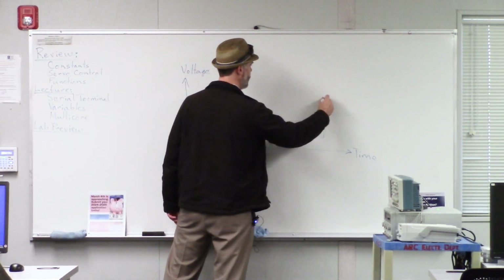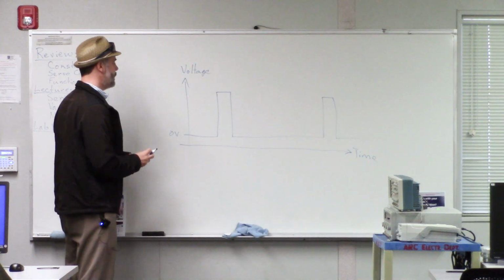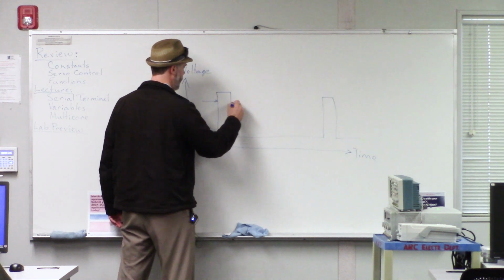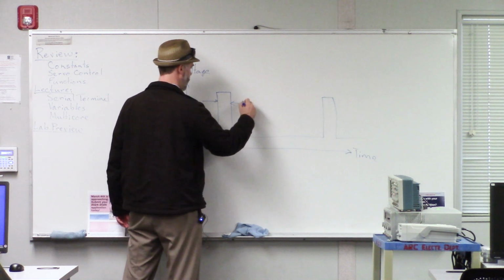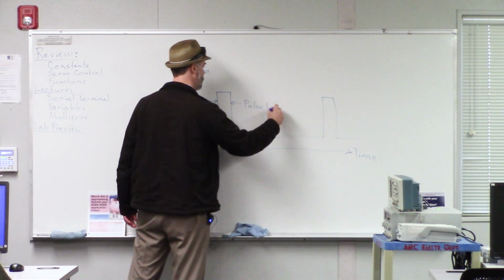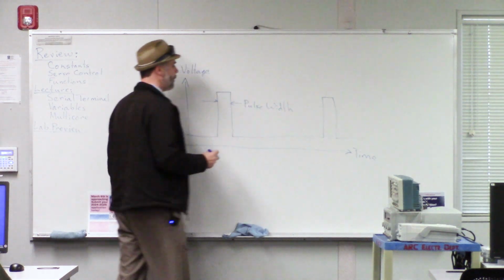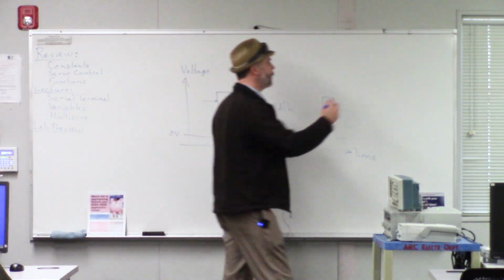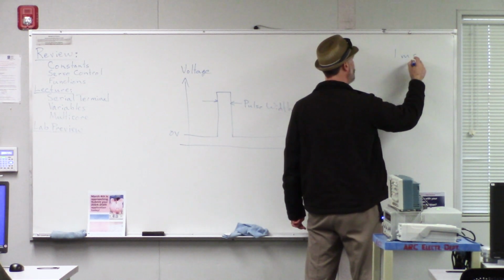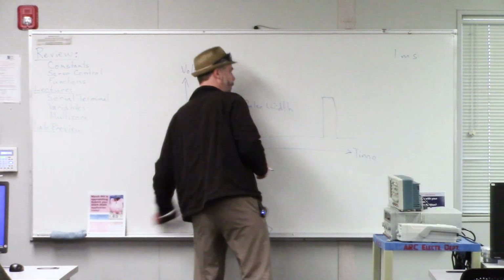And we call these spikes pulses. And what really matters is the pulse width. In other words, the amount of time that pulse lasts. So pulse width of 1 millisecond would be full speed clockwise, say.